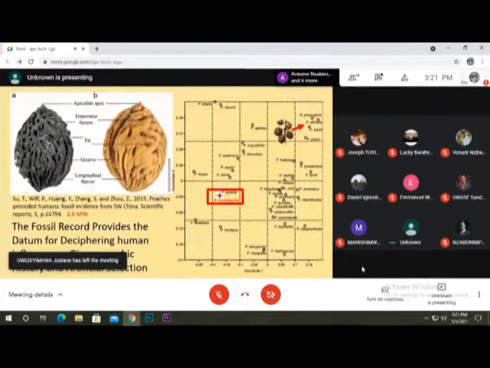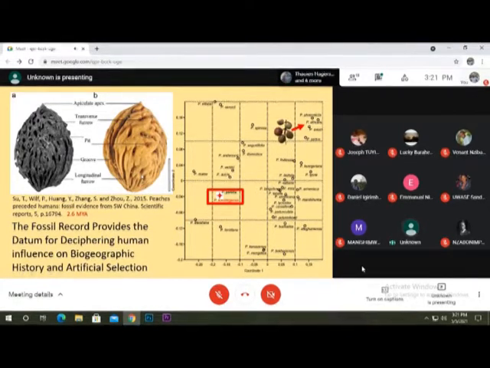Fortunately, in deposits of rock 2.6 million years of age in China, you find the fossilized pits of a species of Prunus that look very similar to the modern Prunus right here.